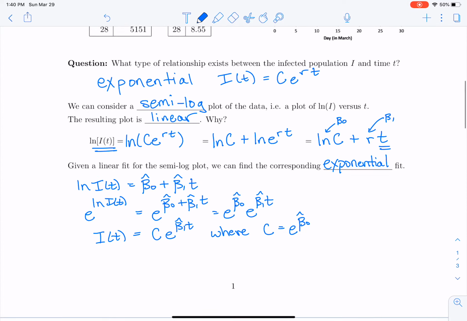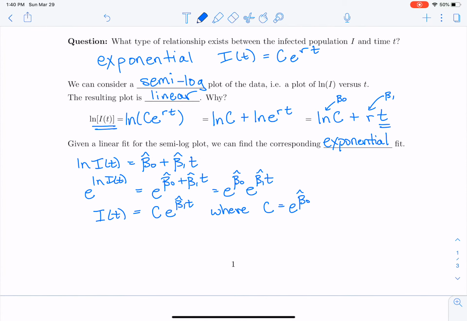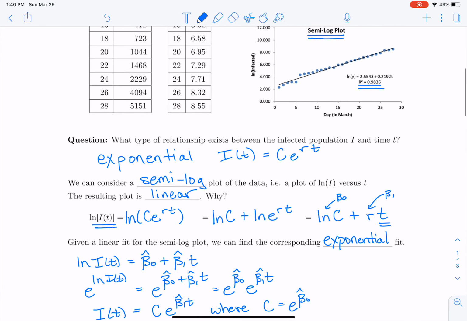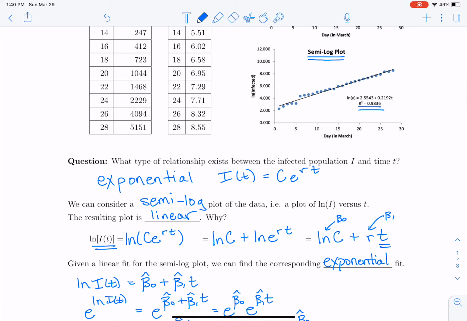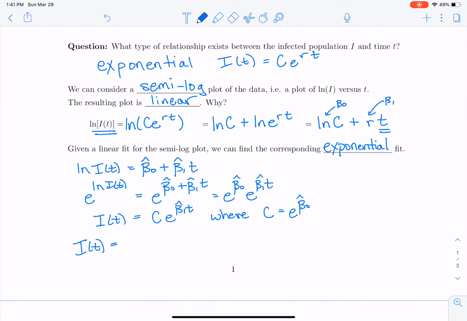That gives us a way to start with the regression and then turn it into the best fit exponential function. What does that mean for our data? Well, what is I of t? It's going to be e to the beta 0 hat. So I'm going to look over here at the regression that it gives us. There's beta 0 hat, there's beta 1. I'm going to plug those values in. That's going to give me e to the 2.5543.